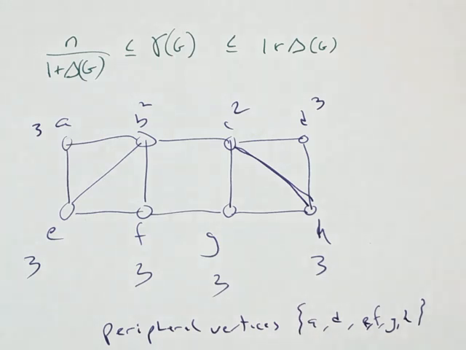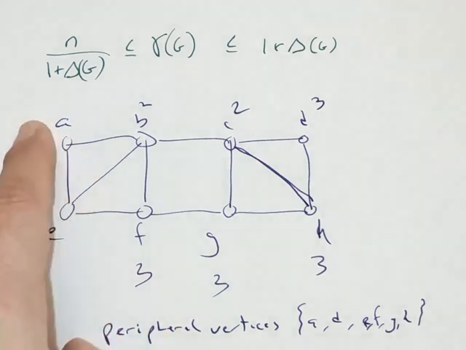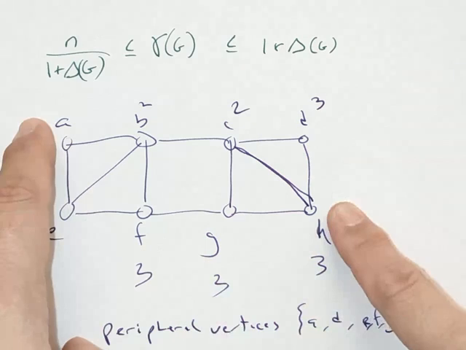A vertex is eccentric if, so I need you to find me a vertex on the graph whose distance matches the eccentricity. Well, for these, I know it's the vertices that are furthest away, right?